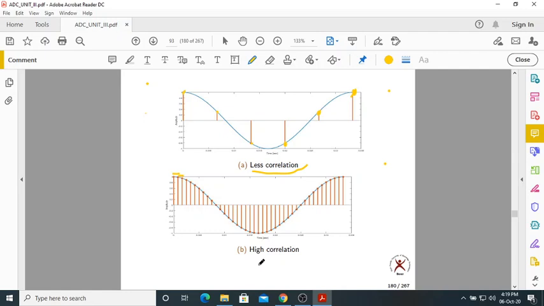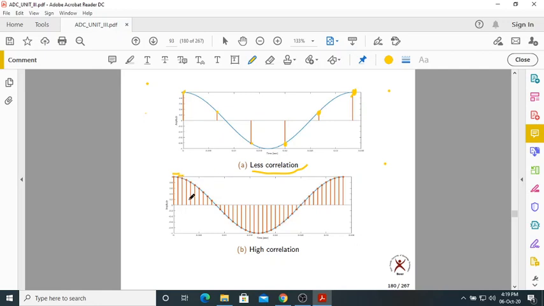That can be useful if and only if they have a high amount of correlation. So instead of quantizing the samples themselves, we are quantizing the difference between neighboring samples. That's what is called differential pulse code modulation.